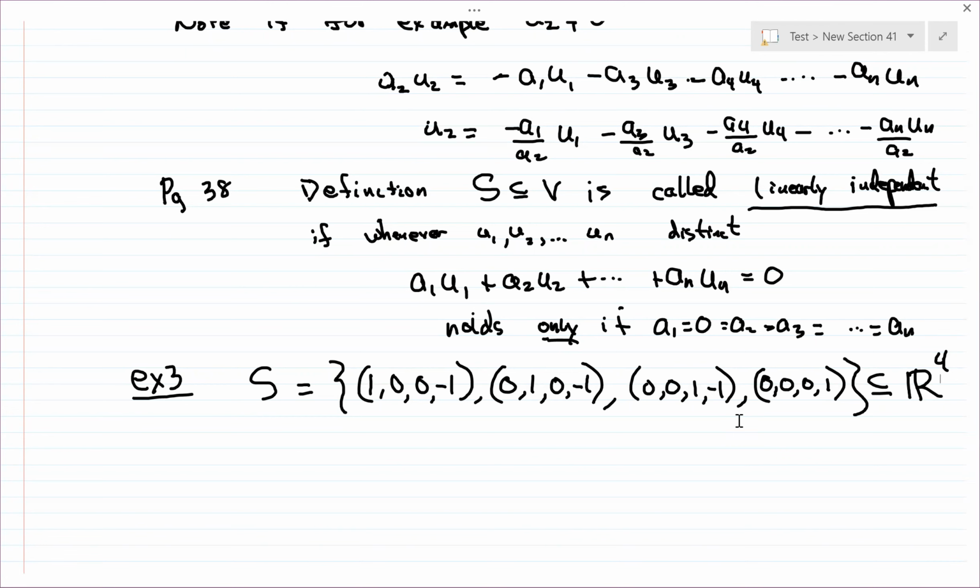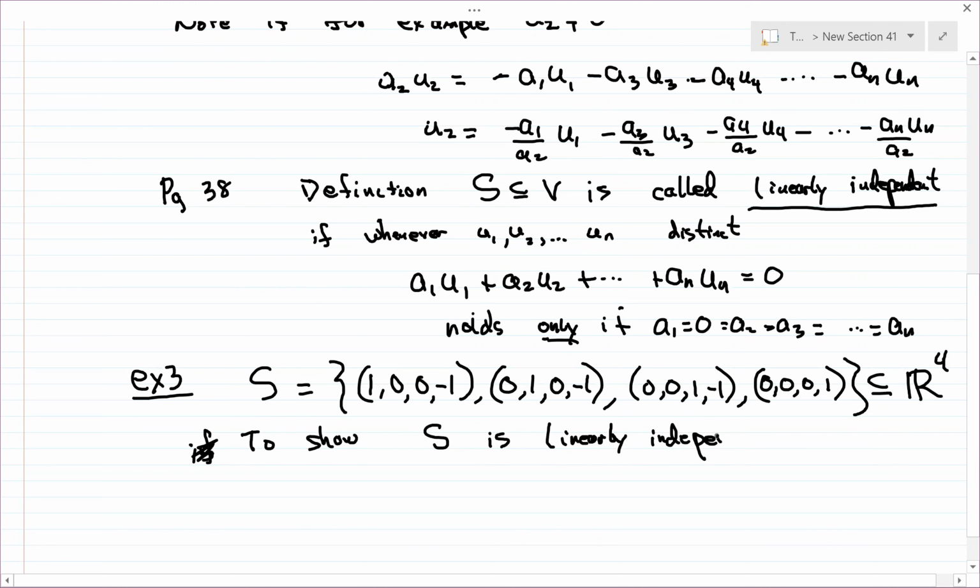So what we need to argue is, to show S is linearly independent, we need to show, there's only 4 vectors in here.